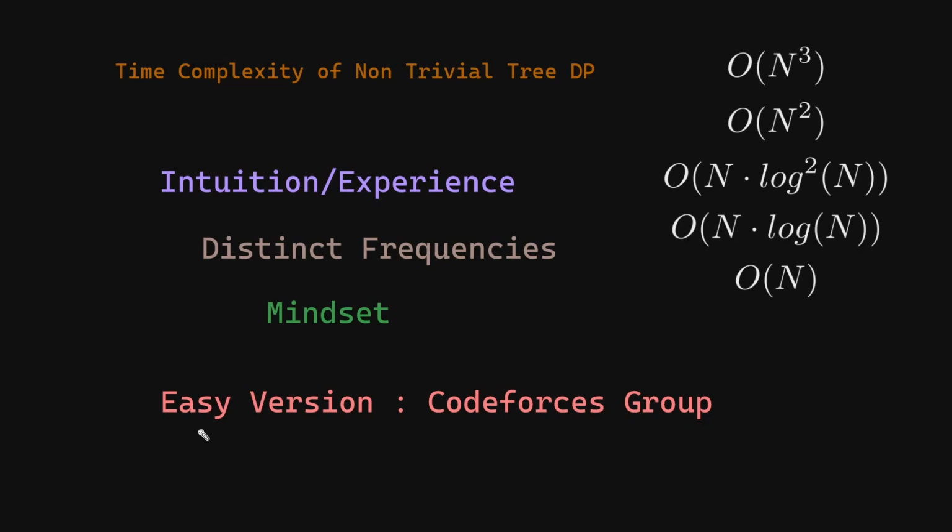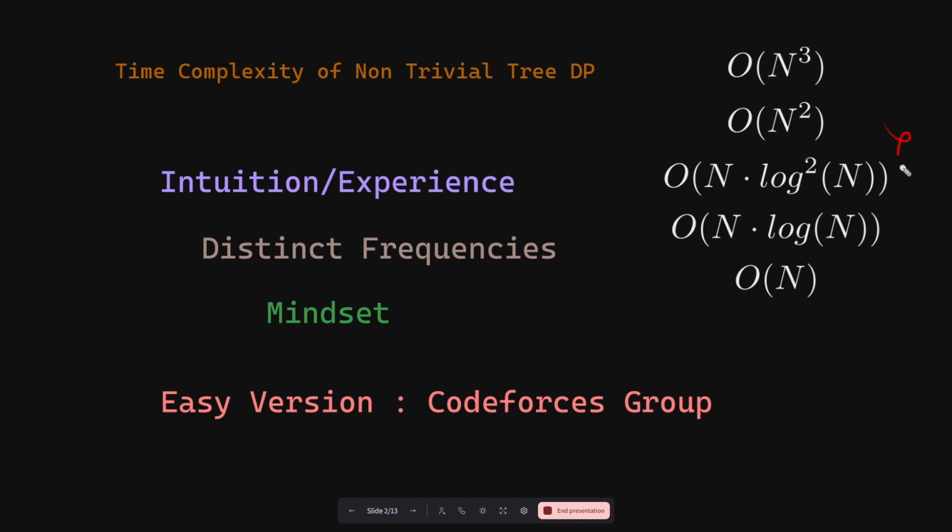To solve this problem, first we will come up with a simple O(n^3) DP approach and then incrementally apply 4 different optimizations to improve the time complexity to O(n^2), then to O(n log^2 n), then to O(n log n), and finally we will achieve a linear time complexity.